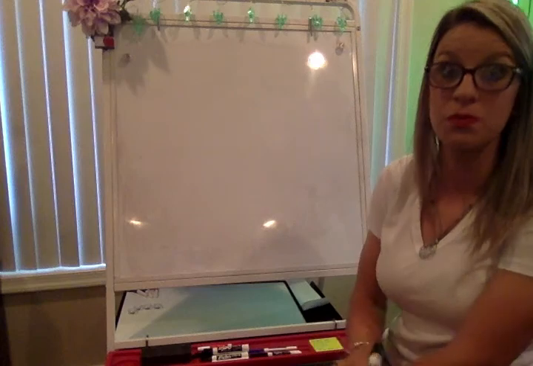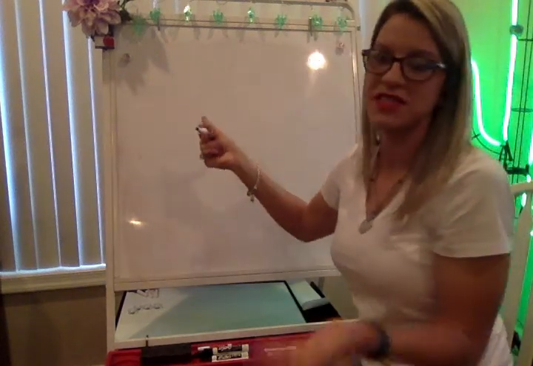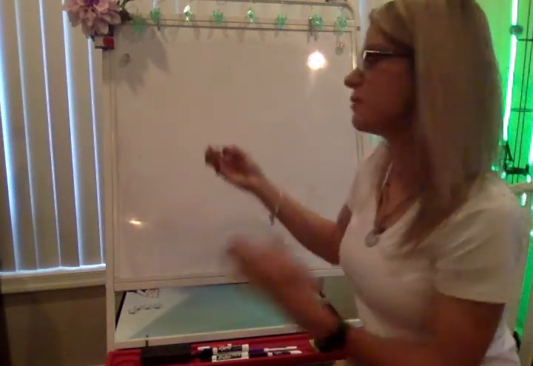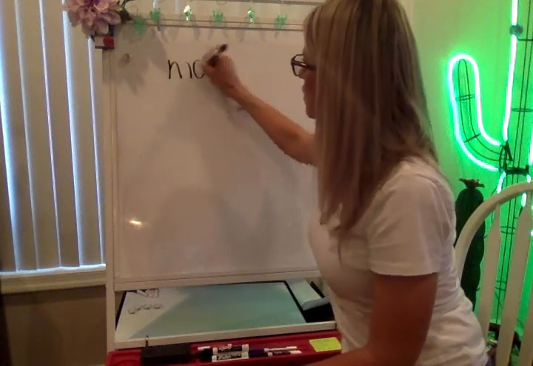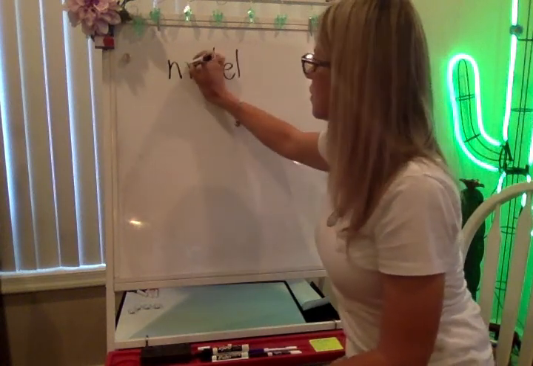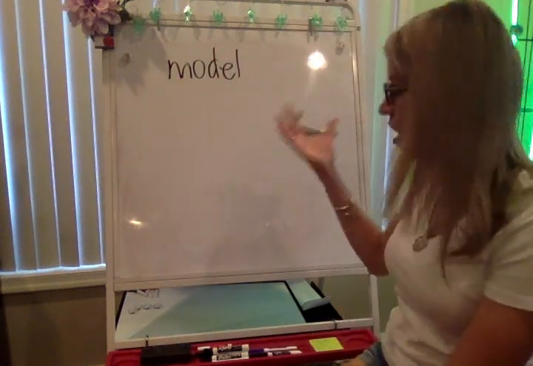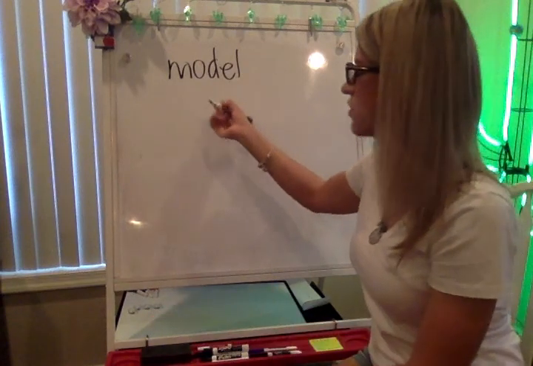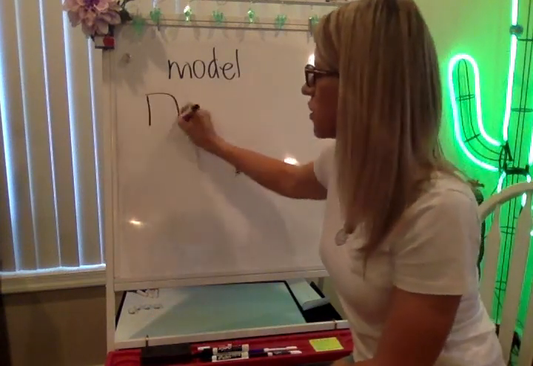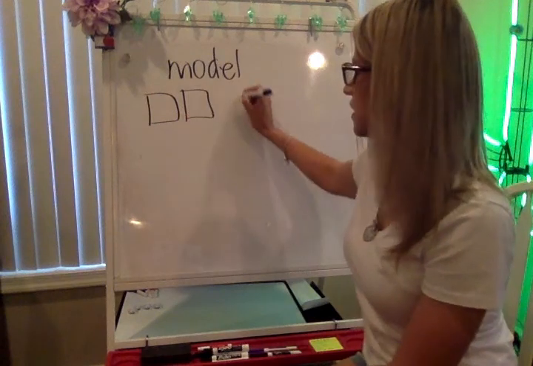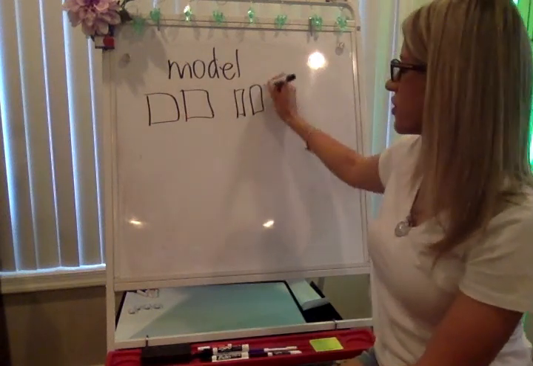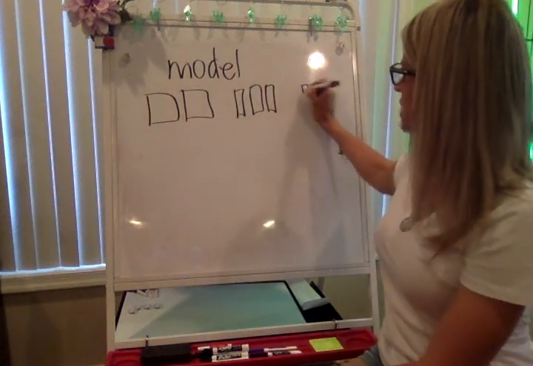Oftentimes, we're also told to model. So if you were told put this in a model or show this in model form, to model a certain value, you might use those hundreds blocks that I just showed you a second ago to model 237.